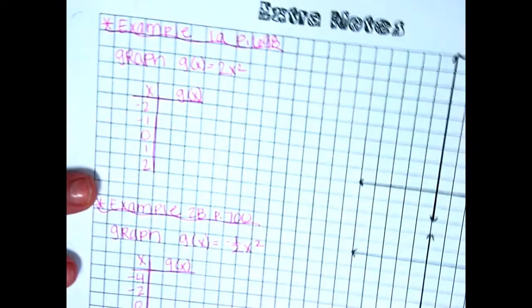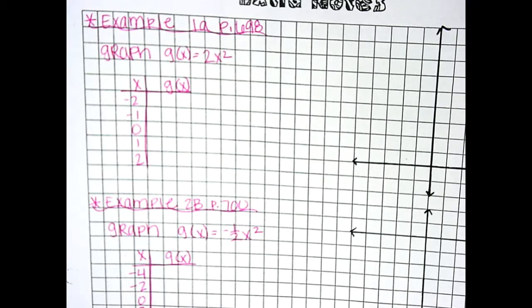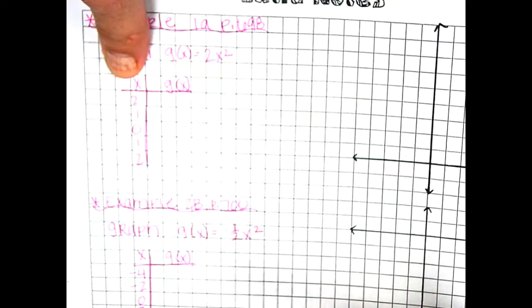Okay, I have a couple more examples for you on the back side. The first one says graph g of x equals 2x squared. So I just chose some values to plug in.